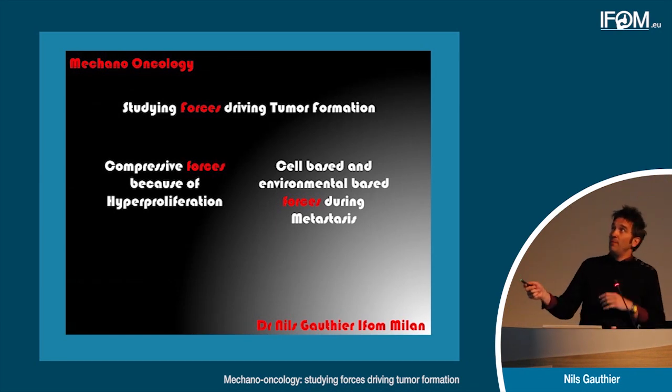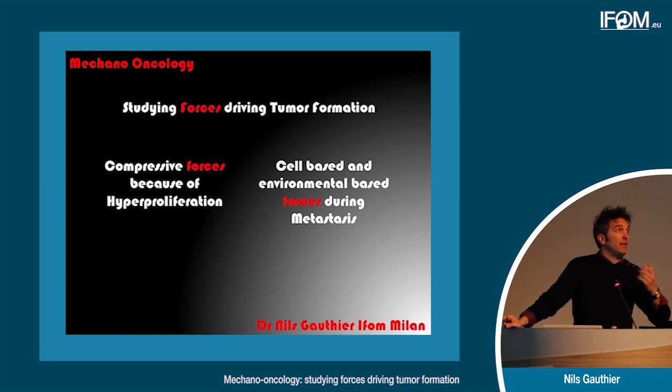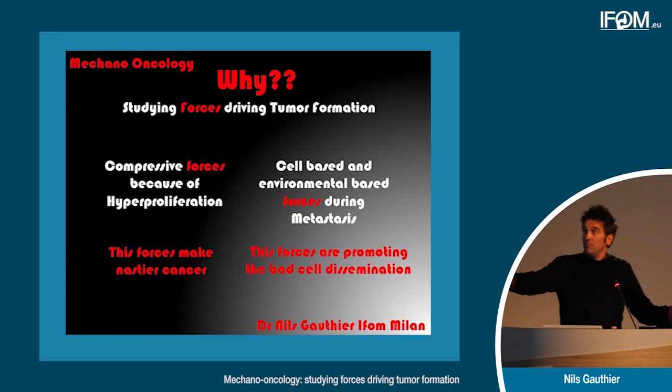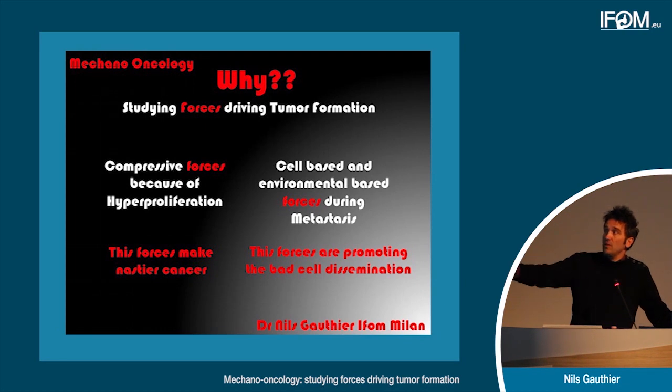So that's the main idea behind this: you have those two major elements, compressive force and mechanical force from the environment of the cell. And we know from a very long time that these forces make nastier cancer, and these forces are promoting the bad cell behavior and the bad cell dissemination.